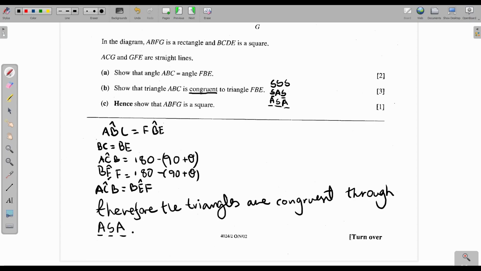We showed the first angle being equal, we showed the side being equal, and then we showed the angle on the opposite end of that side also being equal.